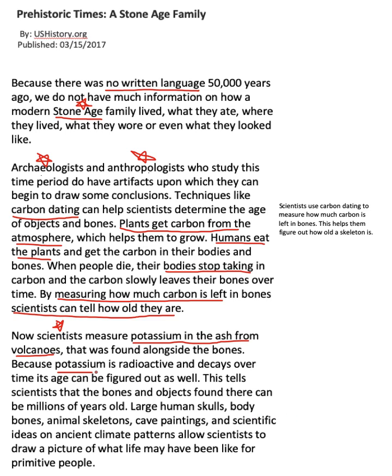Okay, so the how is potassium is radioactive, decays over time. Okay, and large human skulls, body bones, animal skeletons, cave paintings, and scientific ideas on ancient climate patterns allow scientists to draw a picture of what life may have been like for primitive people. Okay, so this last sentence kind of feels like a summary of the whole section that I've just read.